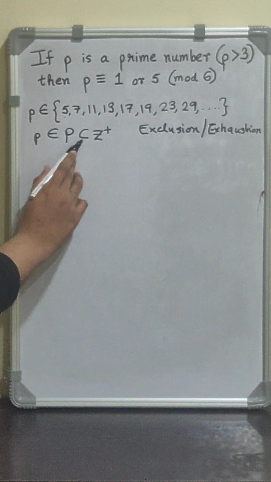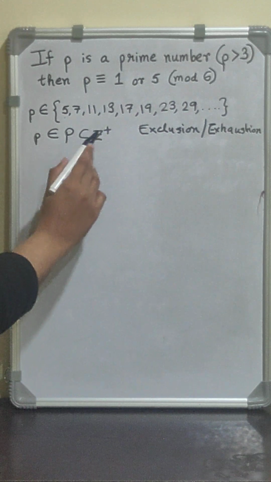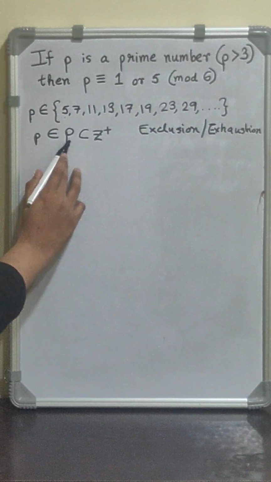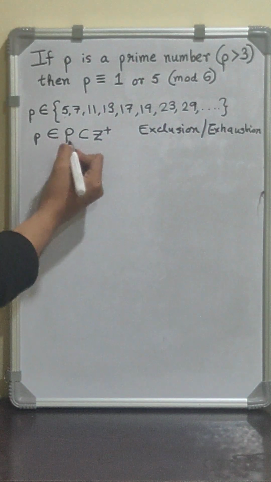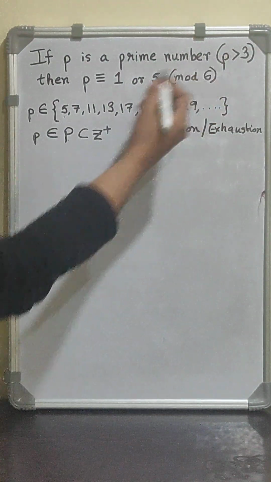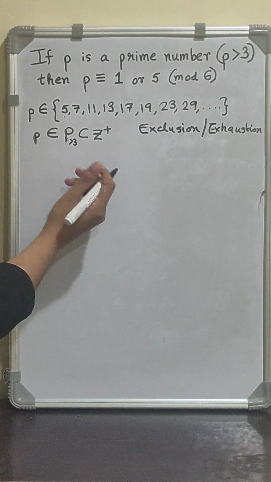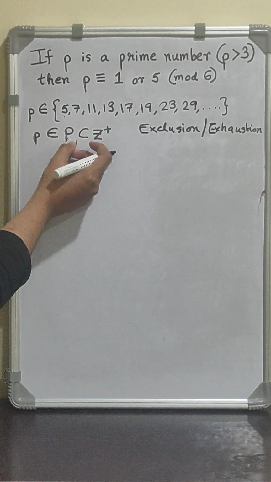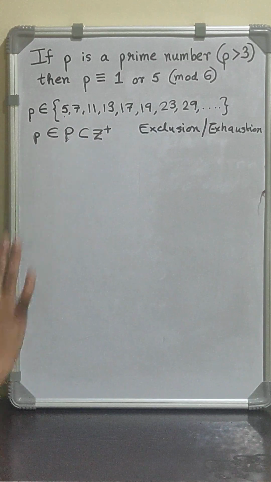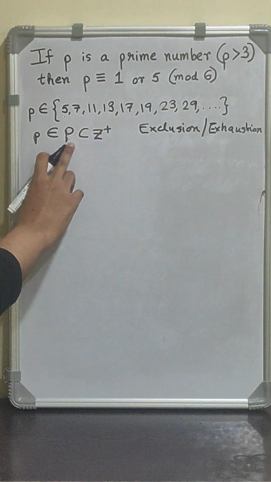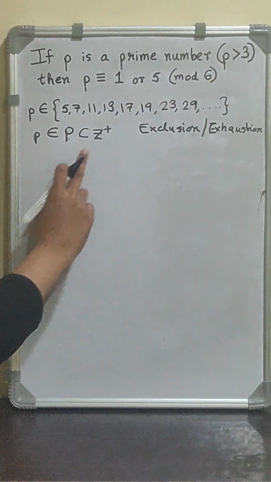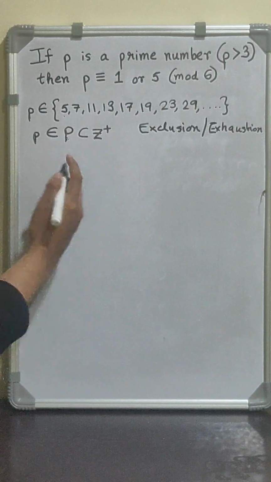Now, not all positive integers are prime numbers, but if you have a prime number greater than 3, then it is also a positive integer.